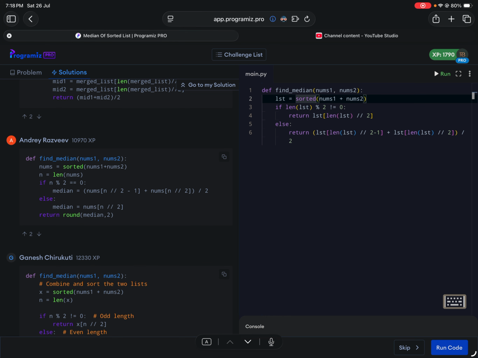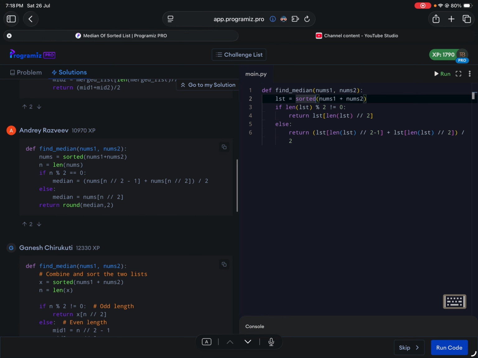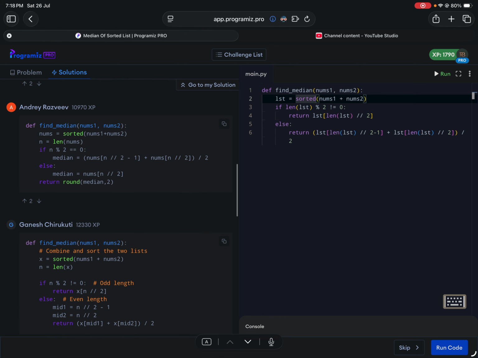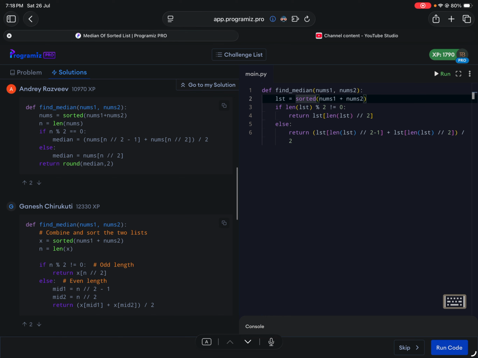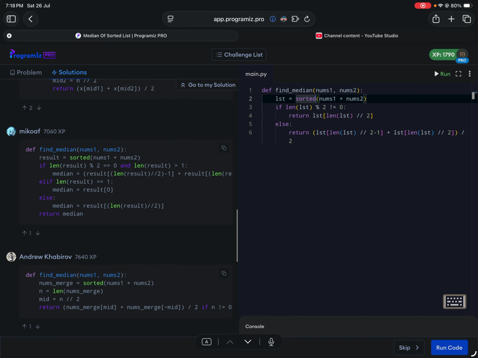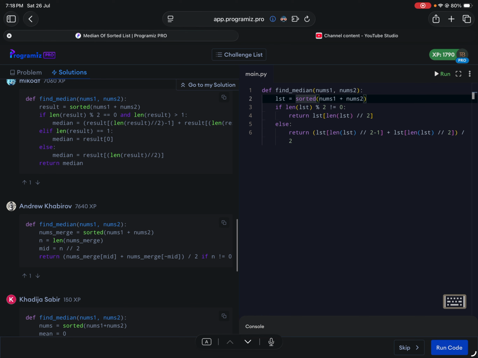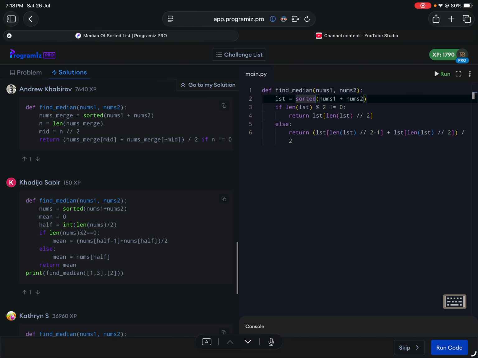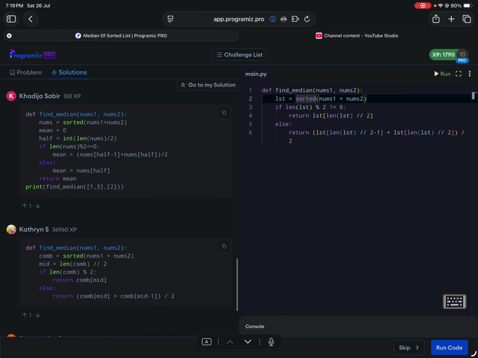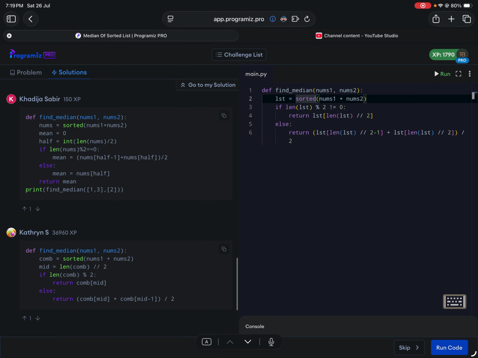Okay, this guy is doing something similar, very similar actually. Using round as well, I did not use that. What about this guy? Somewhat similar. Yeah, this is also looking similar.